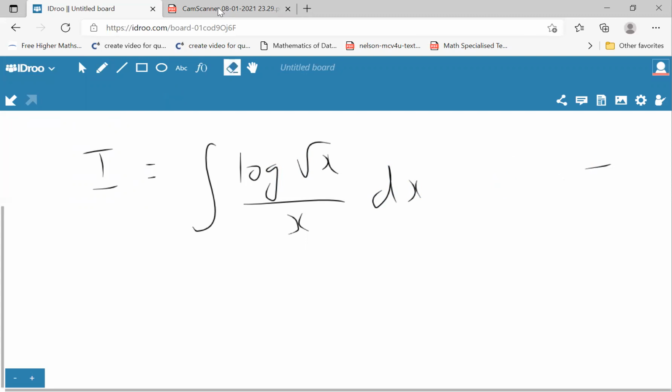Now, when you differentiate log, you get 1 by t.